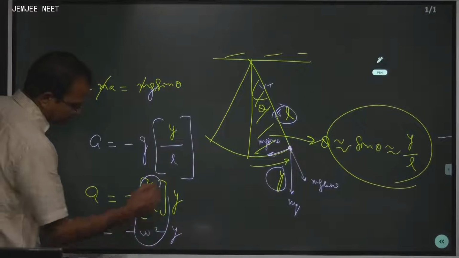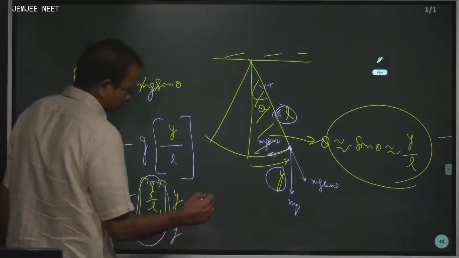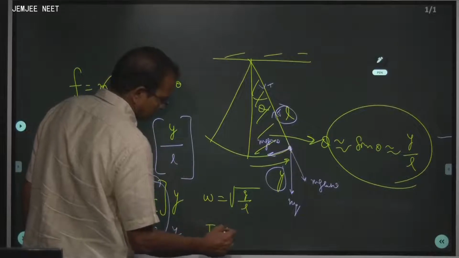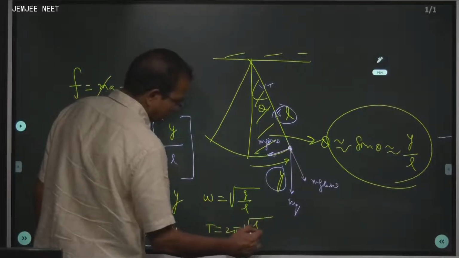You can get the answer. Omega is equal to square root of g by L, means T is equal to 2 pi into square root of L by g.